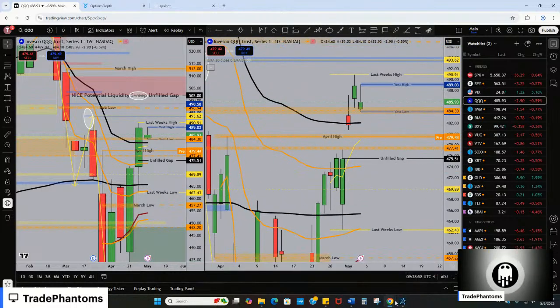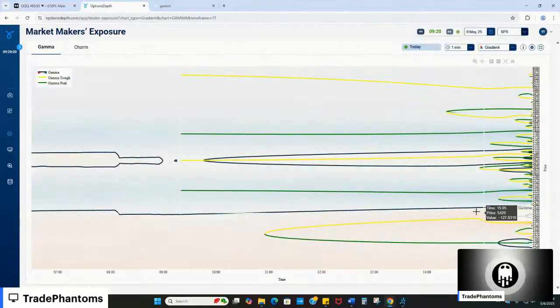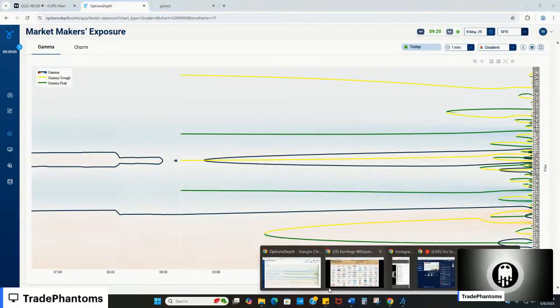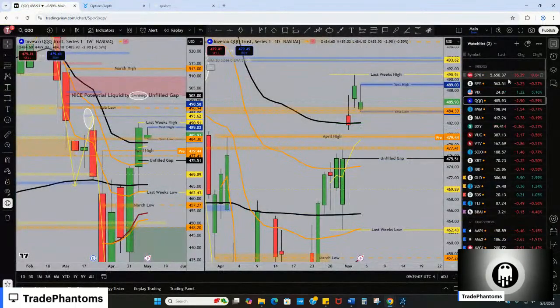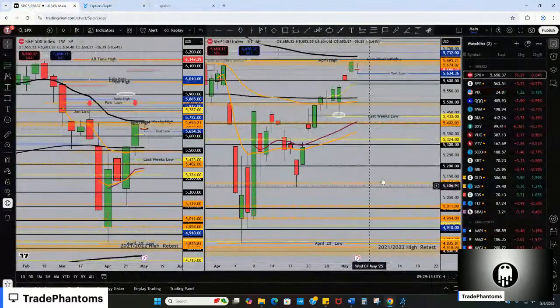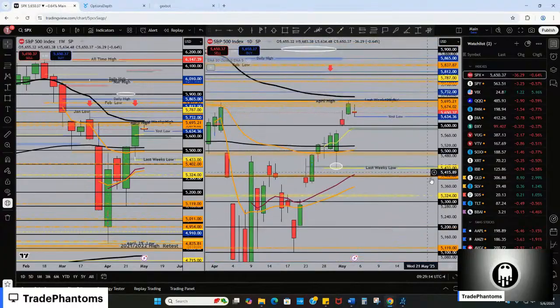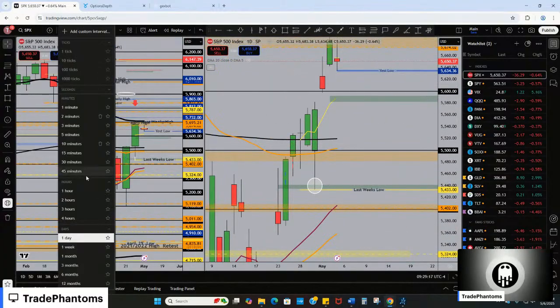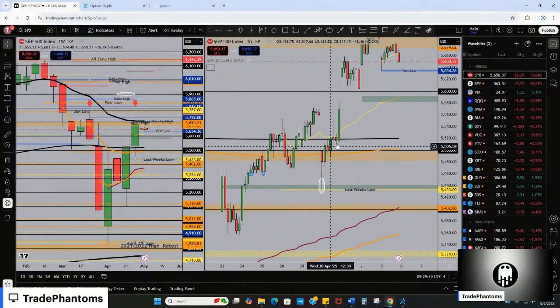For example, if I were to say we have this high, massive gamma node at 5520 on SPX, right here, and that level was developed on Wednesday, April 30th at about 2:30 p.m. Eastern Standard Time.